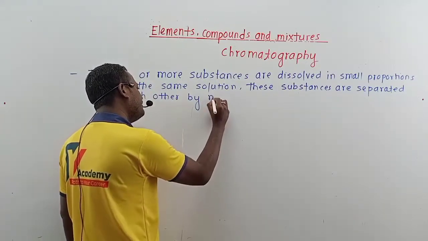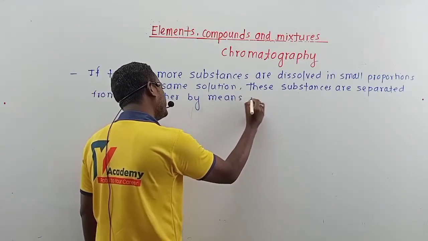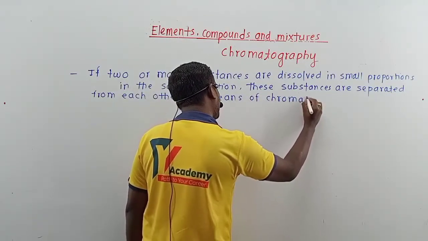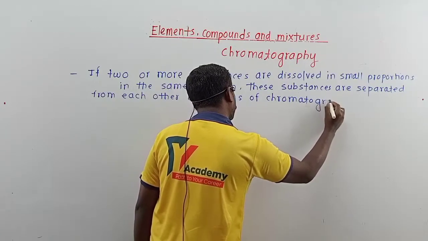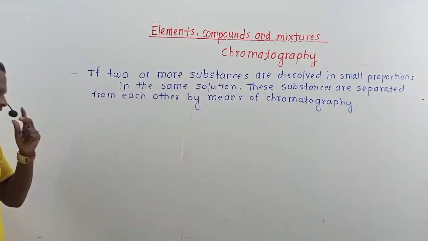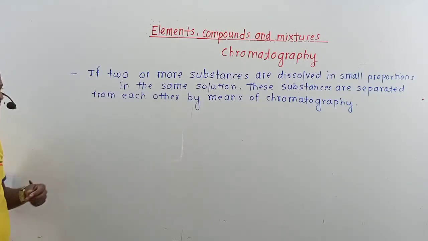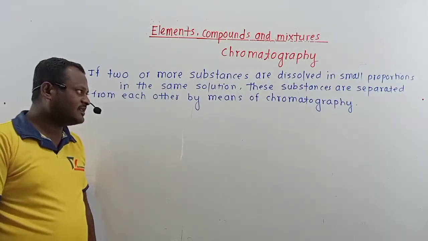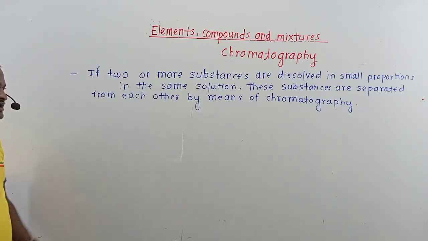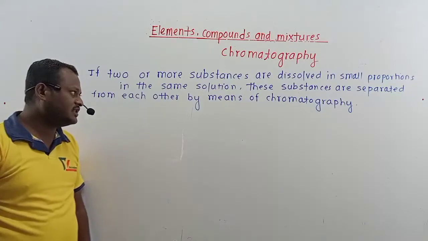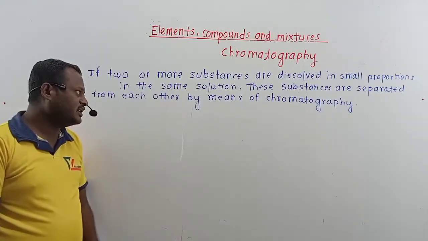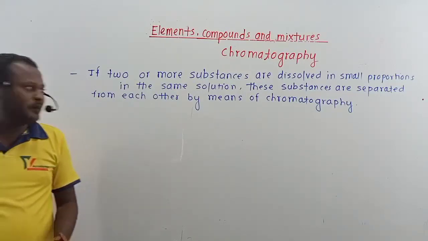Okay, by means of chromatography. पहा कोणत्या ठिकाणी ही क्रोमॅटोग्राफी मेथड वापरतात, ज्या ठिकाणी दोन किंवा दोनपेक्षा जास्त सबस्टन्सेस डिझॉल्व्ड झालेले असतील स्मॉल प्रपोर्शन मध्ये सेम सोल्युशनच्या आतमध्ये, ठीक आहे. तर त्यांना आपण त्या सबस्टन्सेसना आपण सेपरेट करतो by means of chromatography.